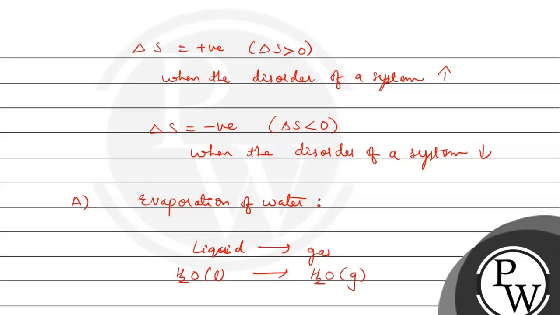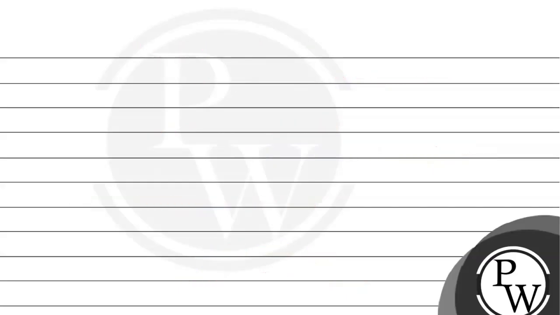And we know that gas have higher entropy than liquids. Therefore, in this process, delta S is greater than 0. That is, delta S is a positive value.